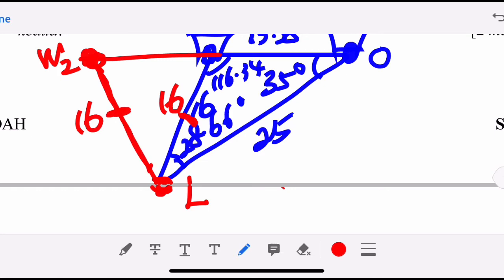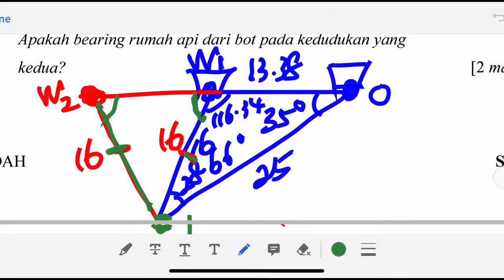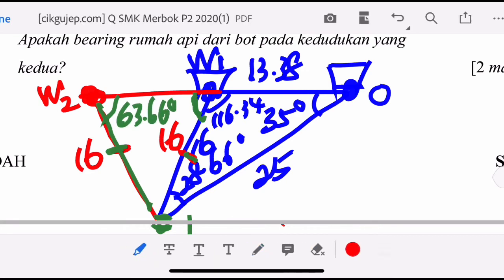So now it's very simple. We can work out the angle like this, using 180 minus 116.34, which we already got just now, 63.66 degrees.